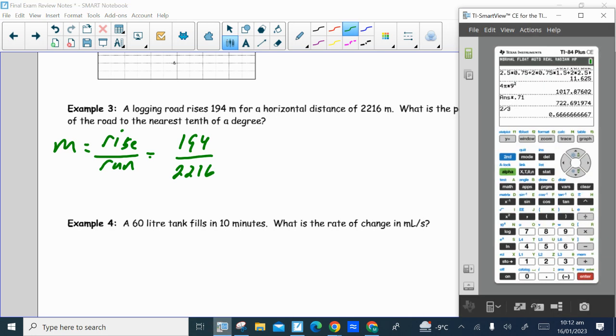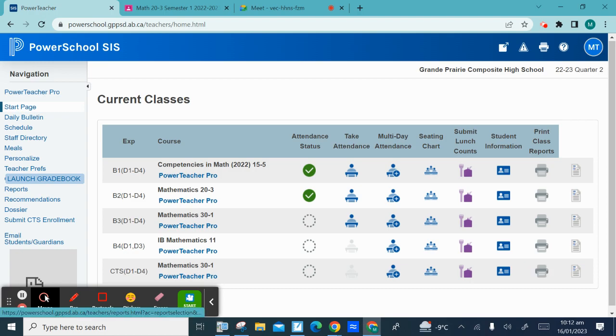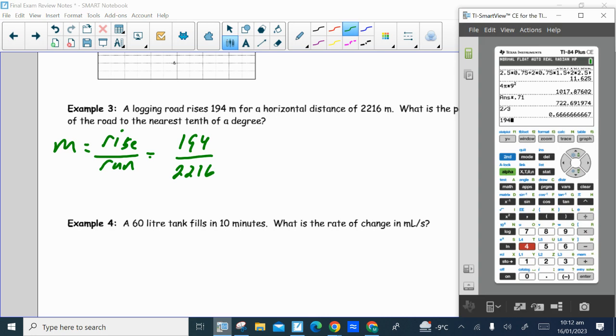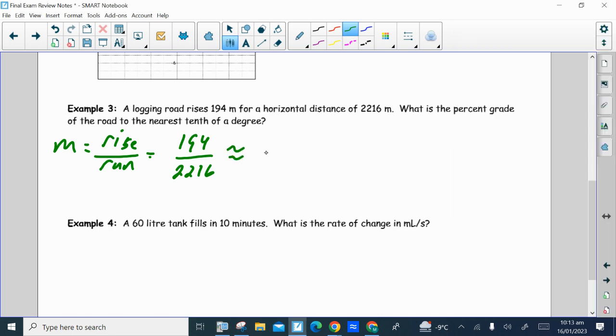If we go to our calculator and we go 194 divided by 2216, that is a decimal, 0.0875 approximately.